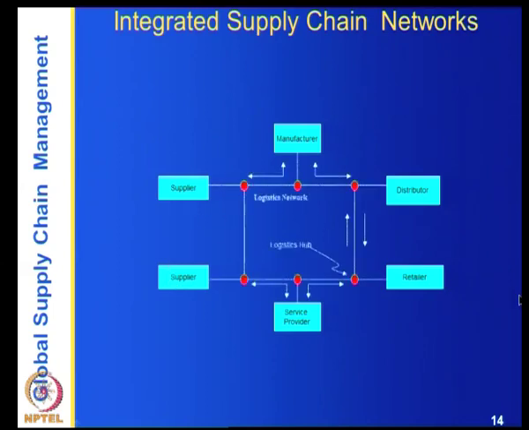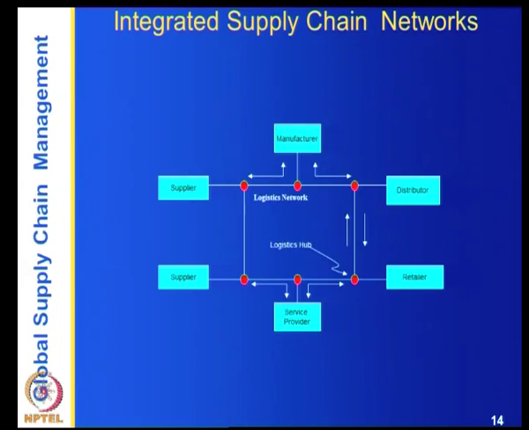Because the goods need to move from one player to the other, in other words from suppliers to the manufacturers, manufacturers to the distributors, distributors to the retailers, and also to the service providers, it is important you have a network, and this network is called the logistics network.